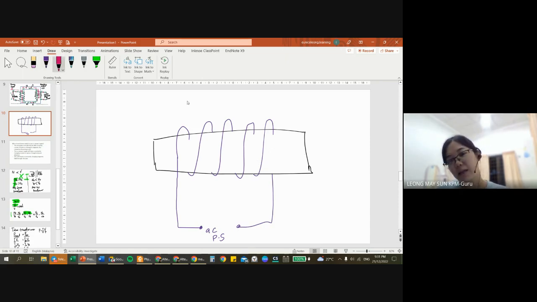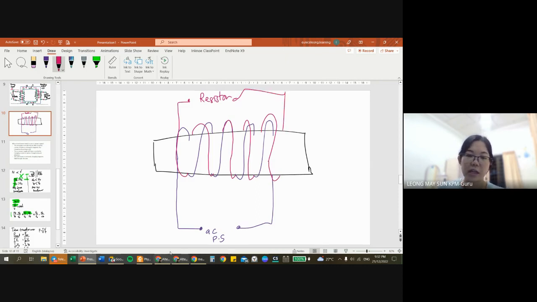Then the secondary coil, which is connected to, let's just say, a resistor, I coil the same thing over the same axis. So they share the same axis.